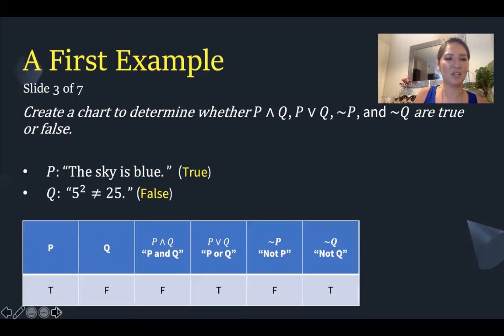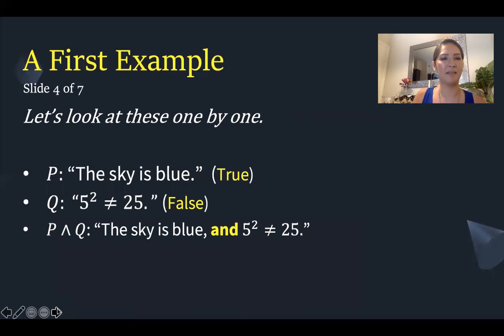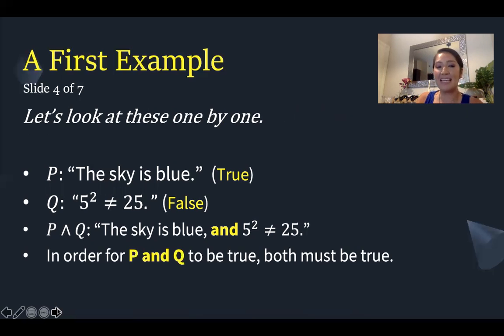Let's look at P and Q first. P and Q in English is the sky is blue and 5 squared is not equal to 25. In order for this conjunction of P and Q to be true, both of them have to be true.